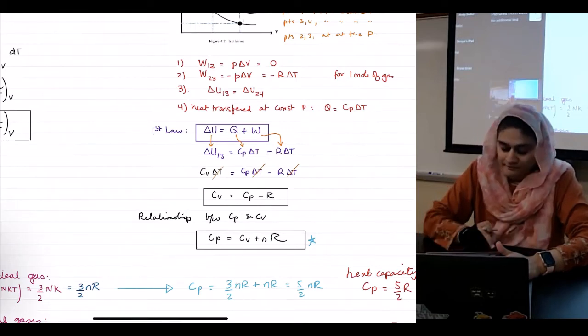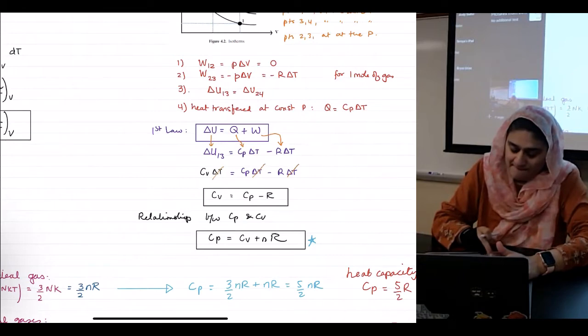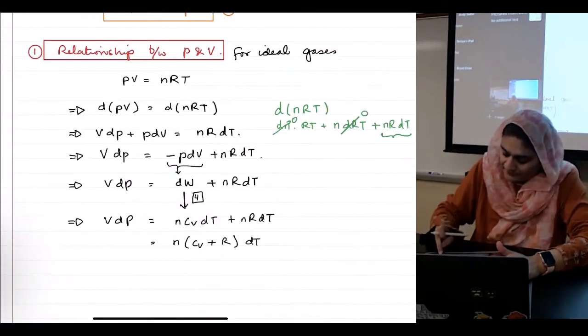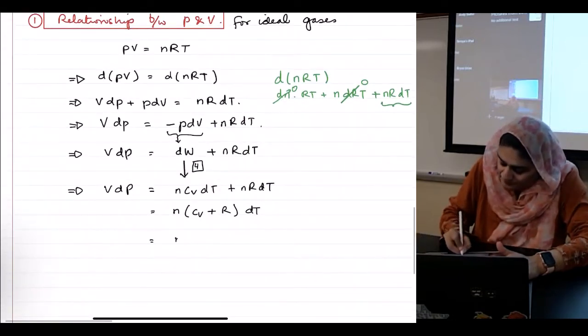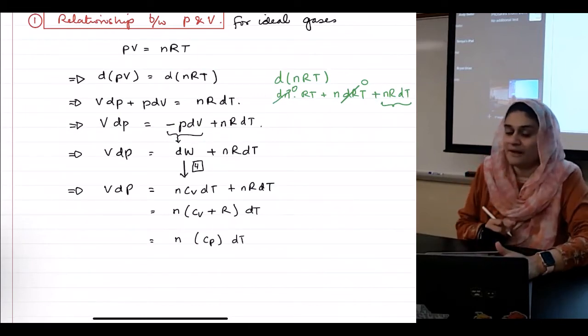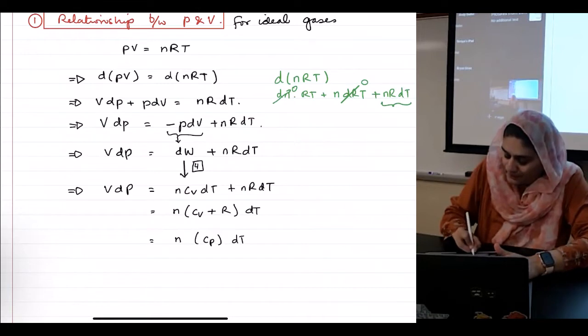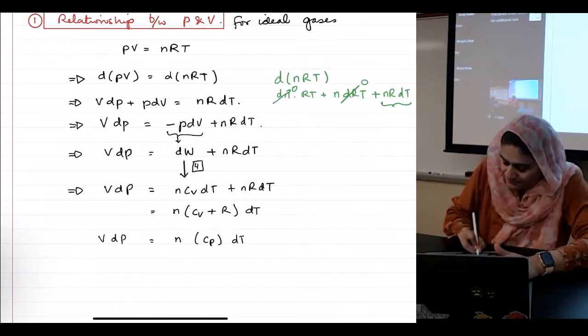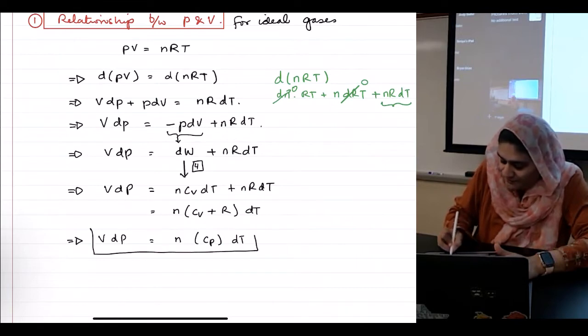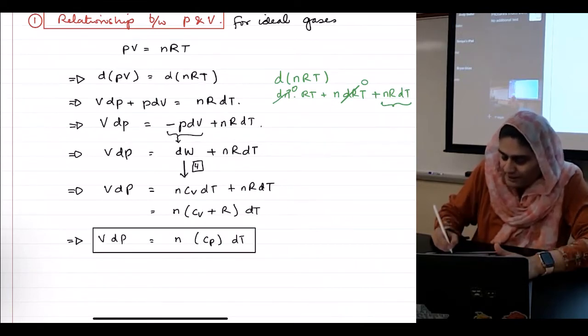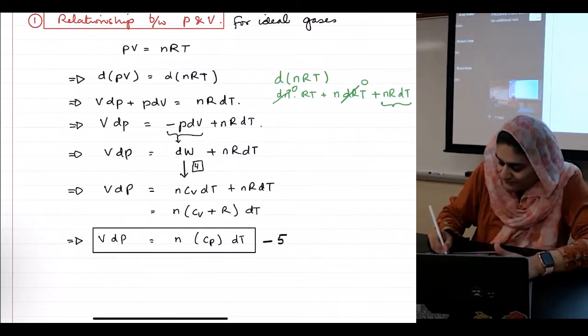Is it CP? May I rewrite this as that? So VdP equals nCP dT. I want you to box this. I'm going to call this equation 5.